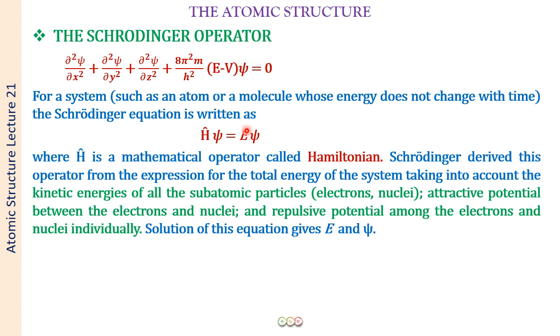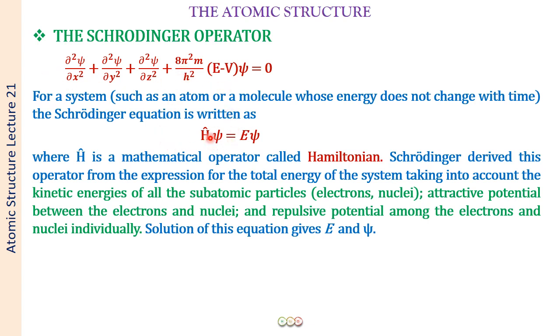And this energy is going to take into account the kinetic energy of all the subatomic particles, the electrons and the nuclei, the attractive potential between the electrons and the nuclei, and the repulsive potential between the electrons and the nuclei individually. This is the equation we have simplified and written like this. We do not need to understand all of this.